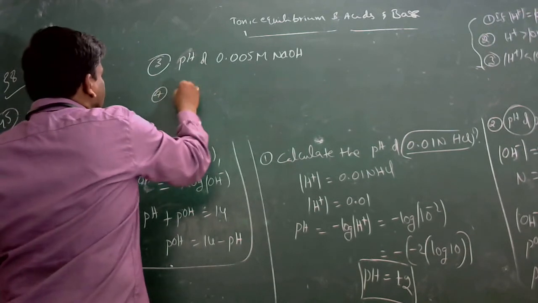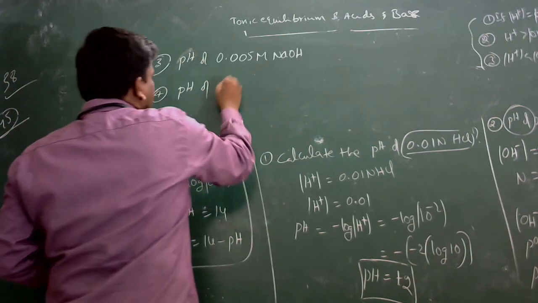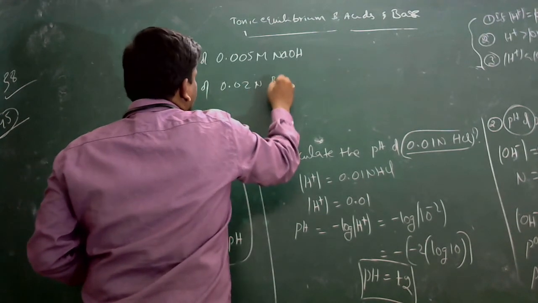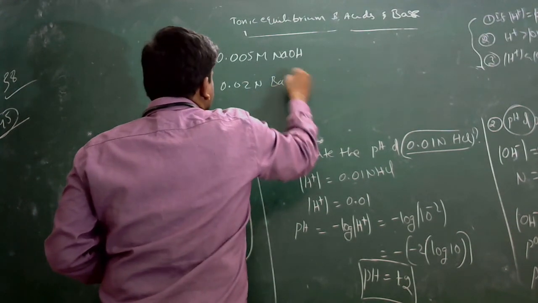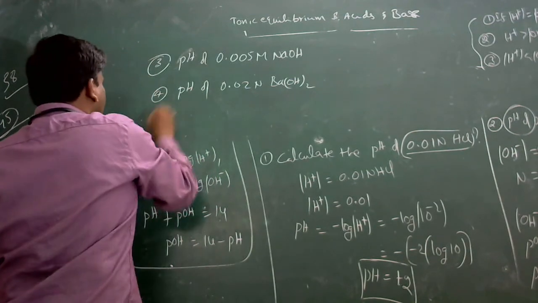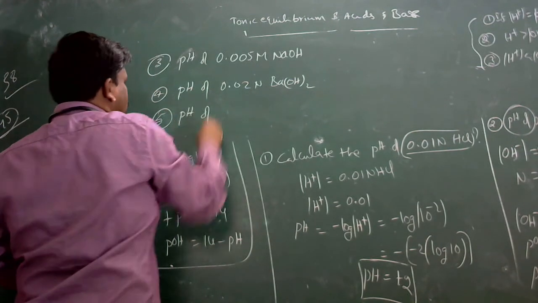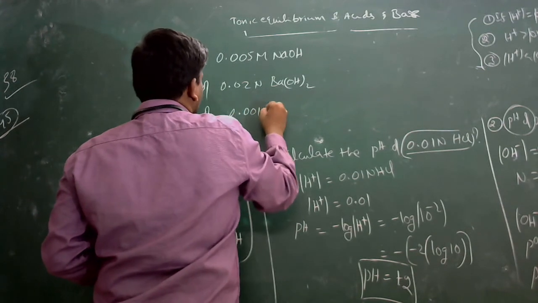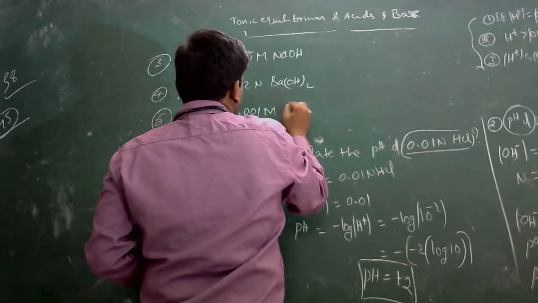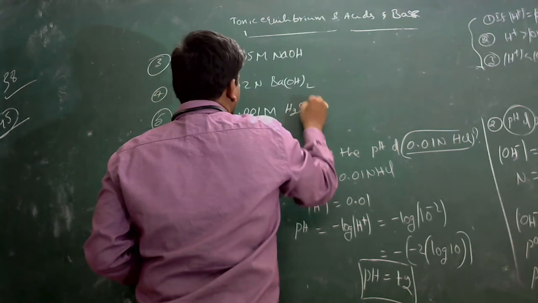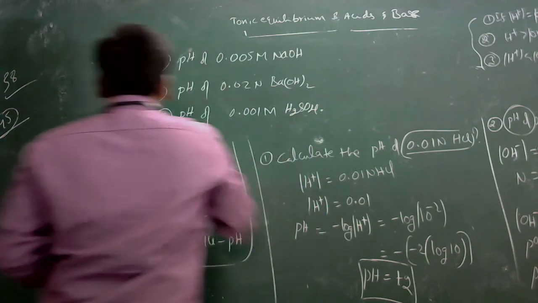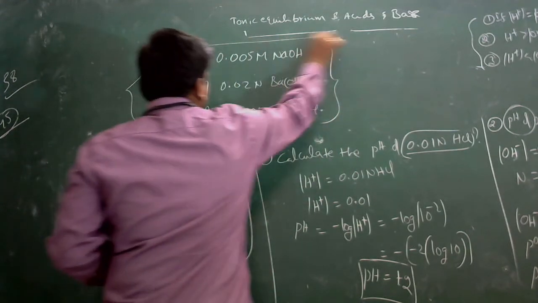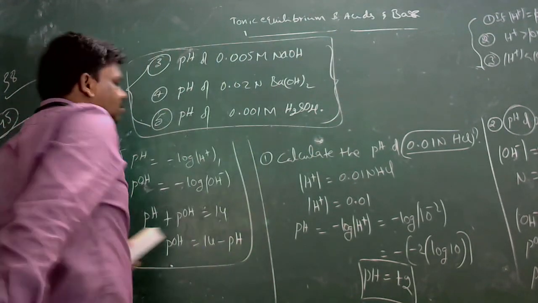Another one, the pH of 0.02 normal barium hydroxide. Another type, the pH of 0.001 H2SO4. In practice problems, calculate the pH value in these 3 problems.